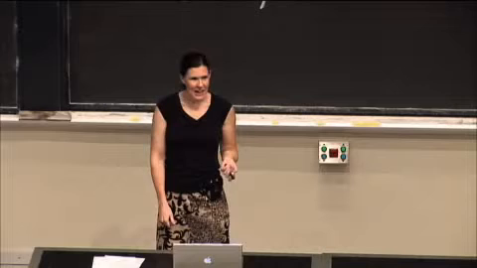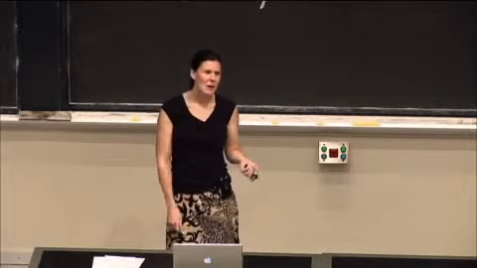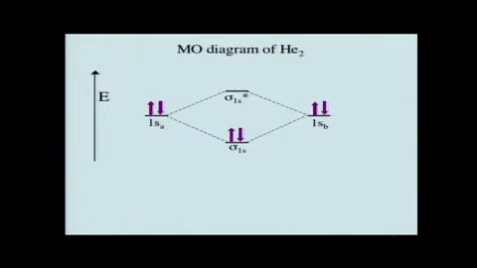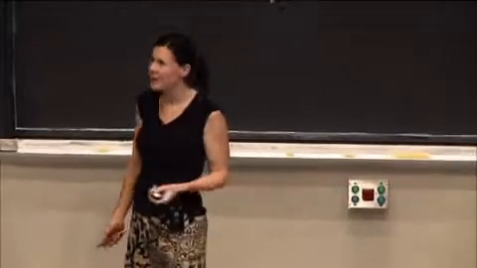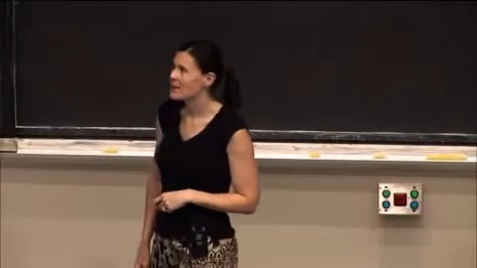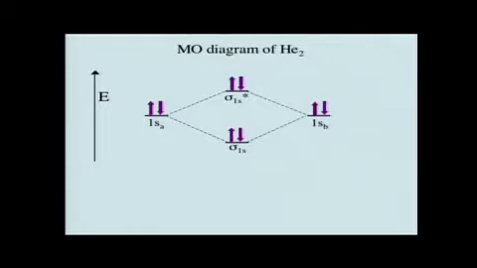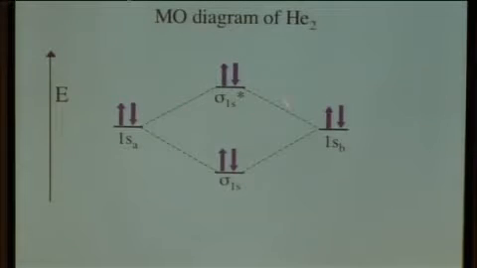So we have 2 electrons in our bonding orbital, but because we use the same rules to fill up molecular orbitals as we do atomic orbitals, the Pauli exclusion principle tells us we can't have more than 2 electrons per orbital, so we have to go up to our anti-bonding orbital here. So this means that 2 of the electrons are lowered in energy, but 2 are raised in energy. So would this be a stabilized molecule then?